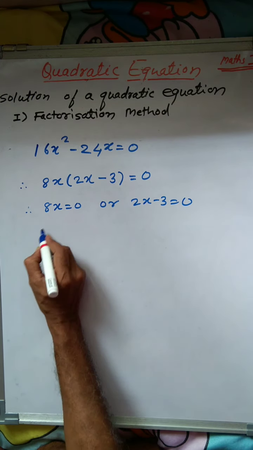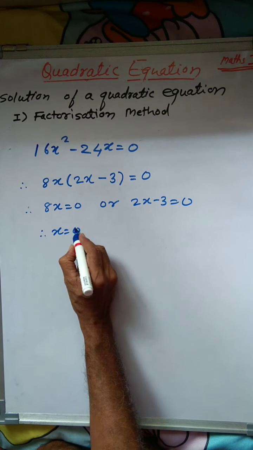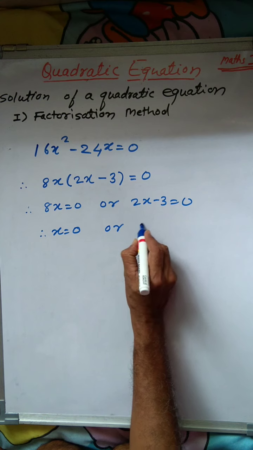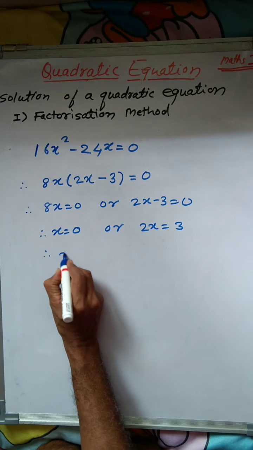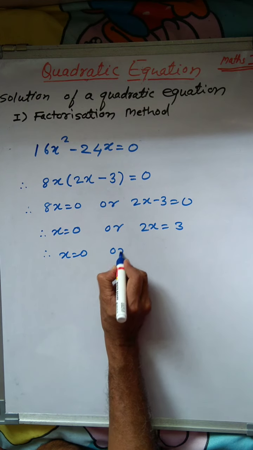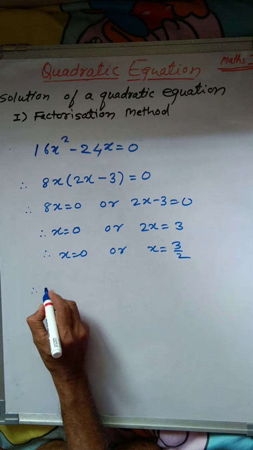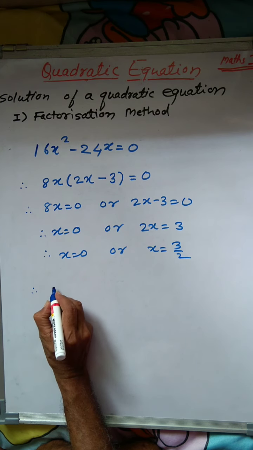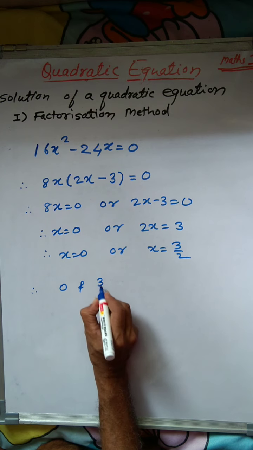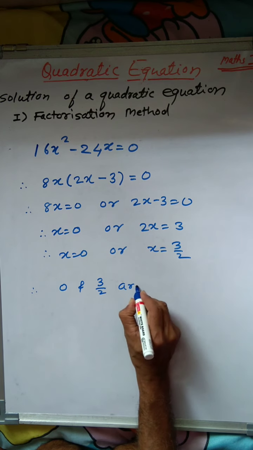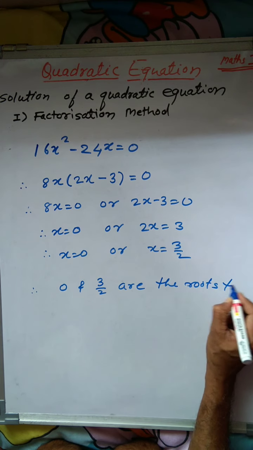Take 8 to the other side, we get x is equal to 0 upon 8, which is 0, or 2x is equal to 3. Hence x is equal to 0 or x is equal to 3 upon 2. Therefore our solution is 0 and 3 upon 2 are the roots of this equation.